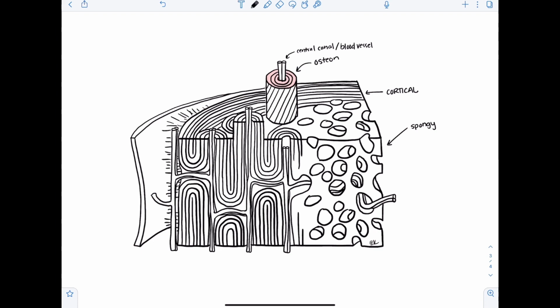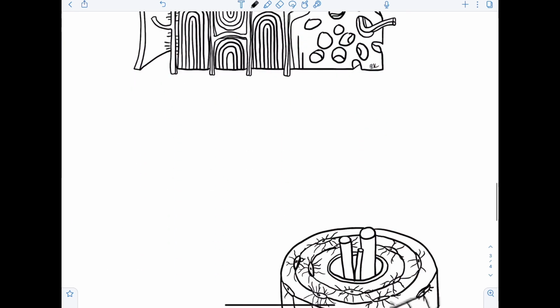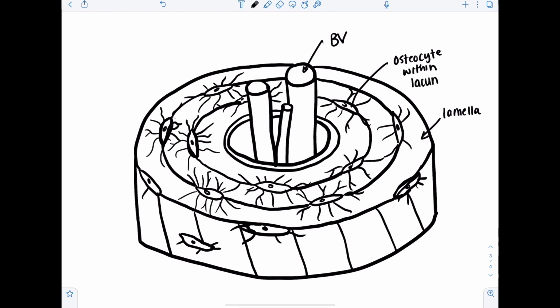Okay, so I have my central canal. Within my osteon, I have all these lamella. So these layers are my different lamella. If we look closer, we have our layers, our lamella. Here are my blood vessels, BV for blood vessels. Here I have my osteocyte within my lacuna. And then I see that they're connecting.